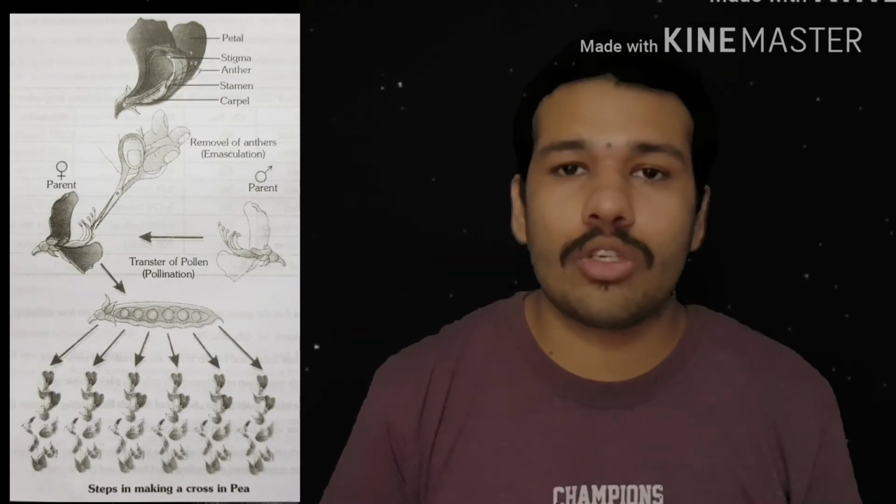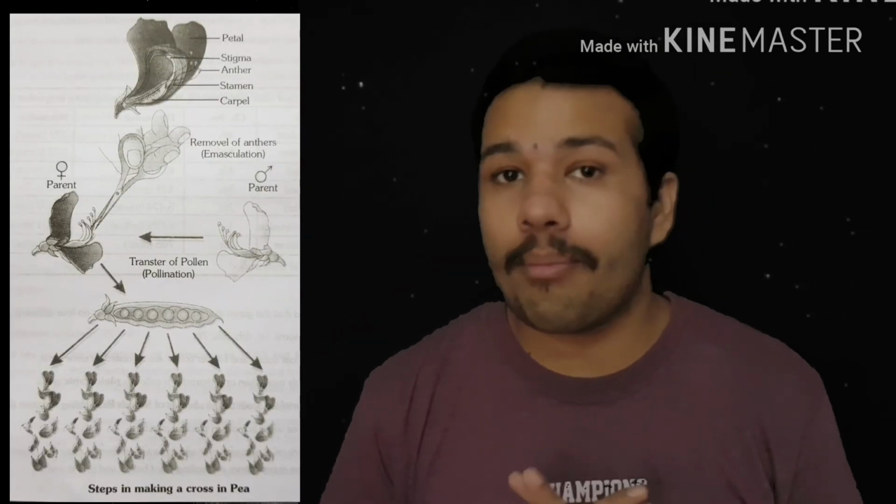Now he covered the whole flower with a bag in order to prevent cross-pollination from any uncertain pollen grains. And when the flowers were pretty mature, he removed the bag, did the cross-pollination by himself, and got better and accurate results. This whole technique was known as emasculation and bagging.